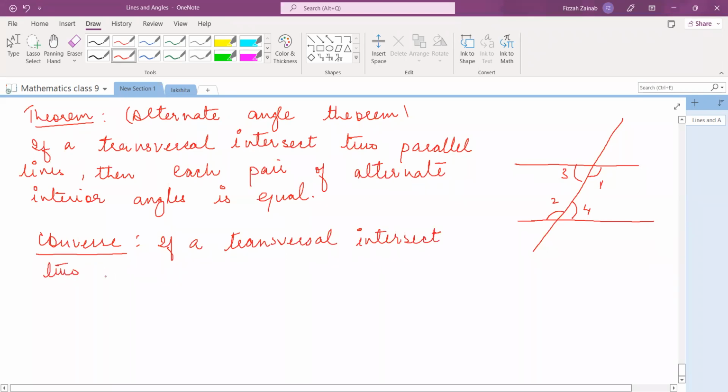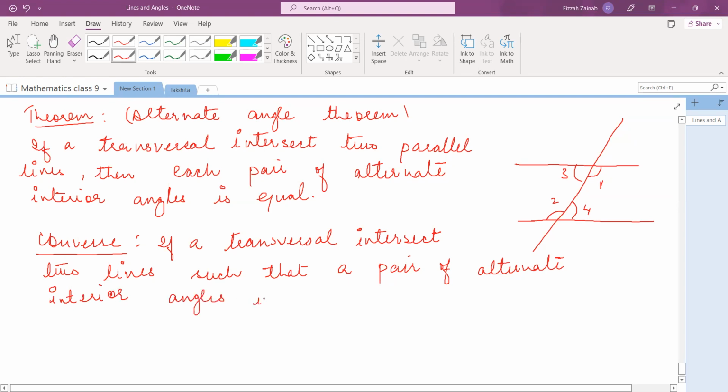See, I'm not writing parallel lines, only two lines, such that a pair of alternate interior angles is equal.